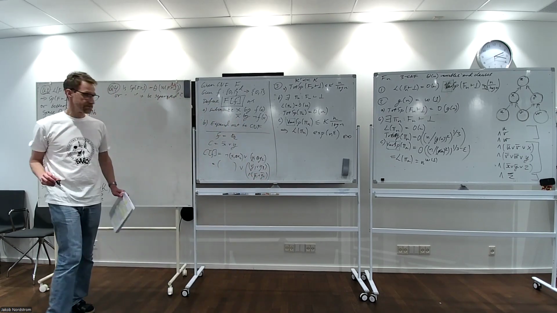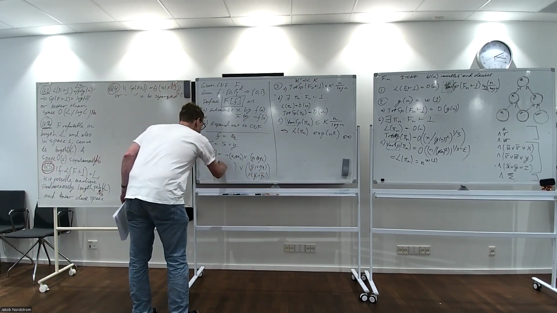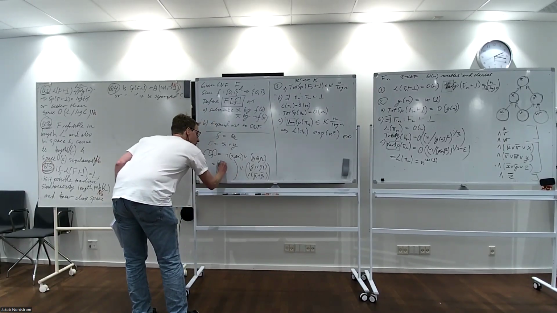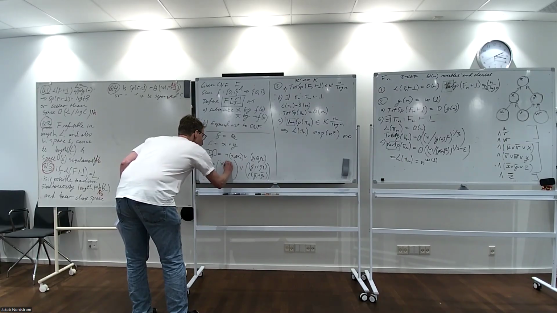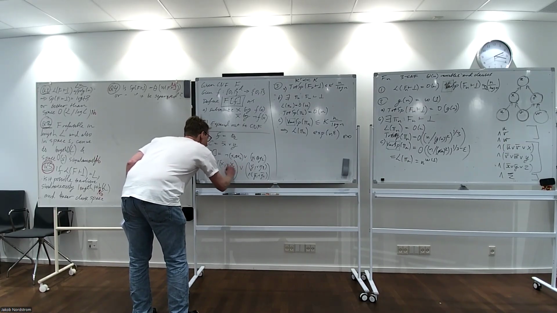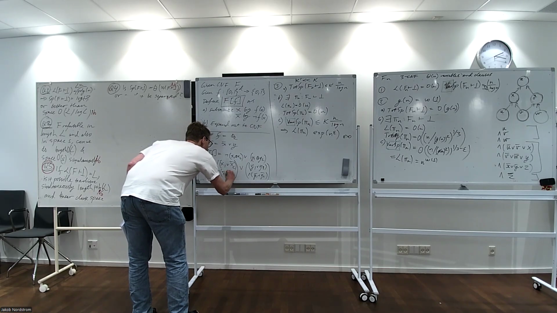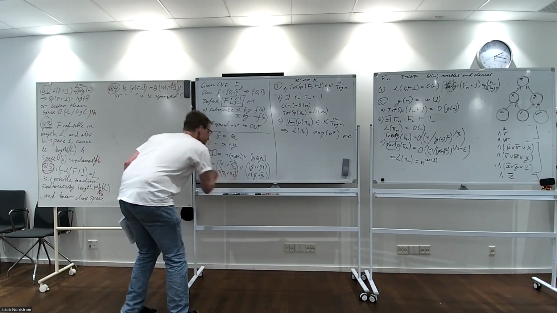This is what this is. Not XOR is going to be exactly the opposite. So x1 or x2 not, and not x1 or x2.